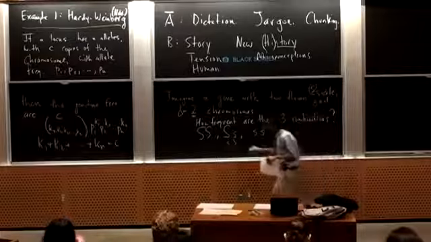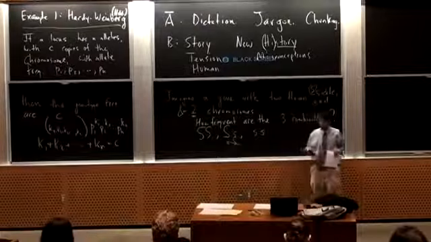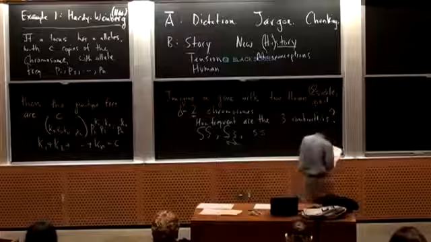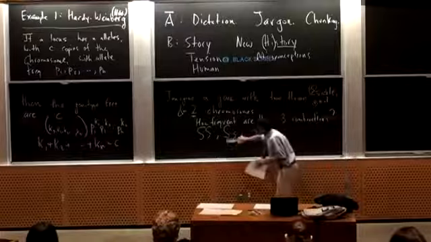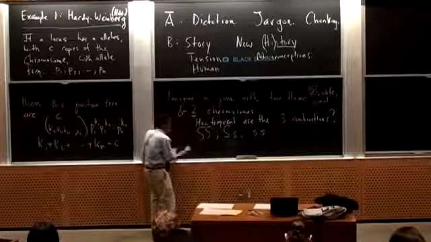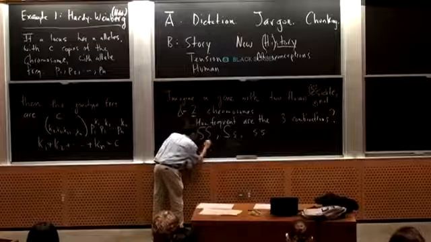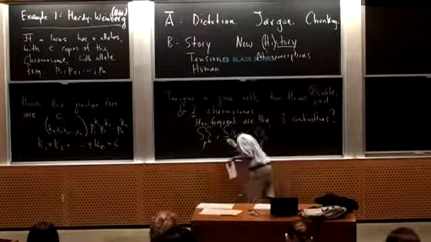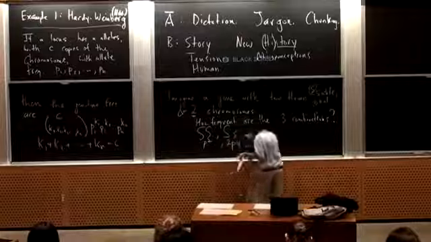Okay, so how frequent are those 3 combinations? Well, that's provided by this formula. P squared, Q squared, 2PQ.